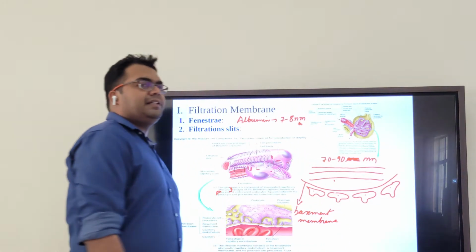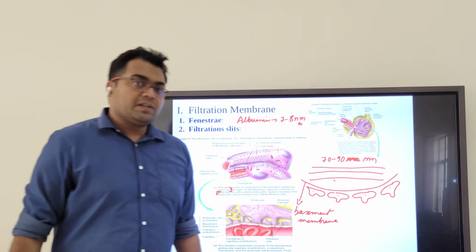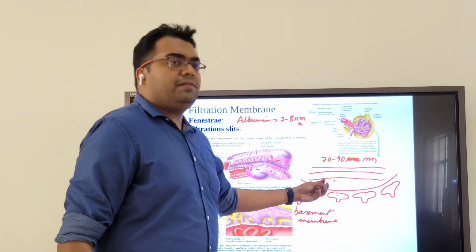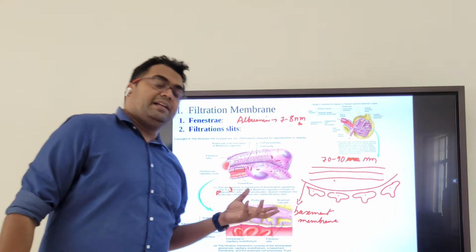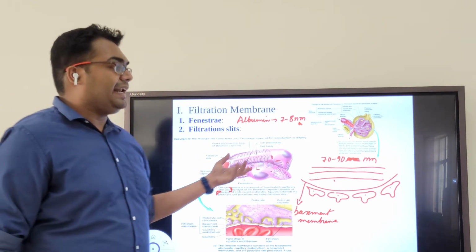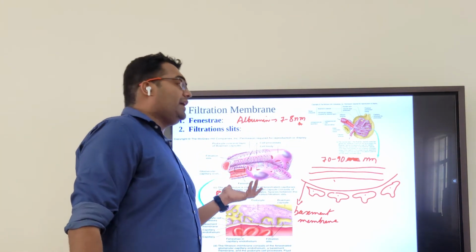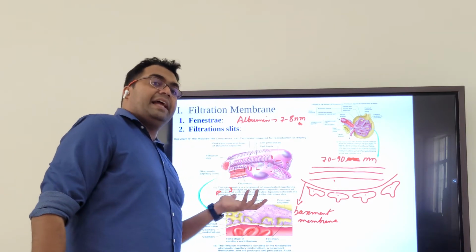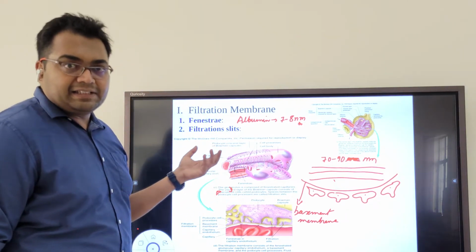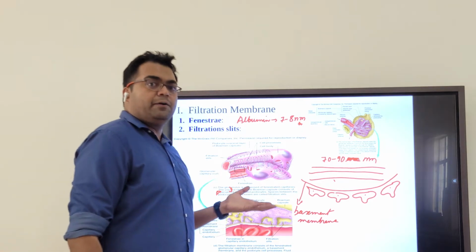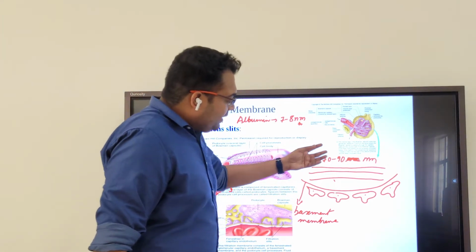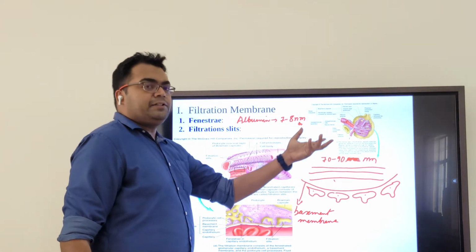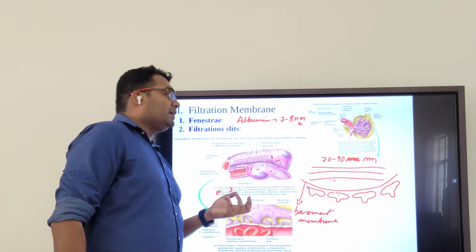It has lamina lucida and lamina densa. It is made up of a lot of fibronectin, proteoglycans, which are again glycosaminoglycan plus protein. Glycosaminoglycans are heparan sulfate, keratan sulfate, dermatan sulfate, hyaluronic acid, and it is also made up of entactin or nidogen.